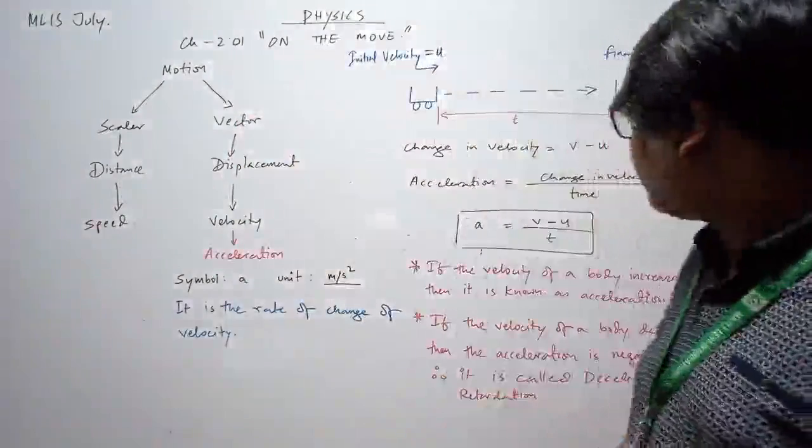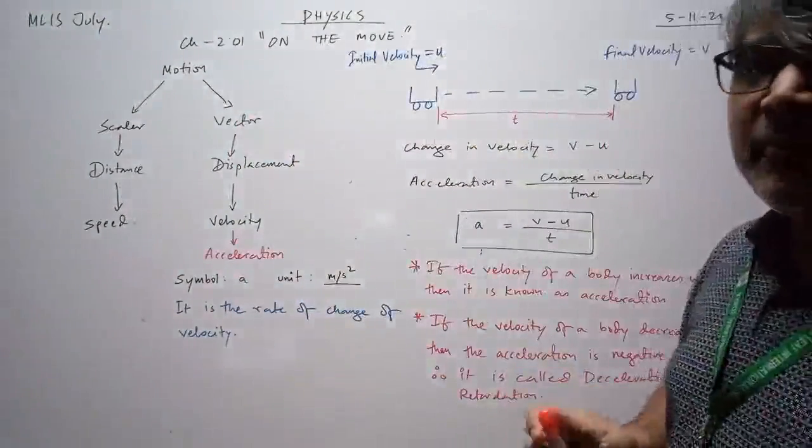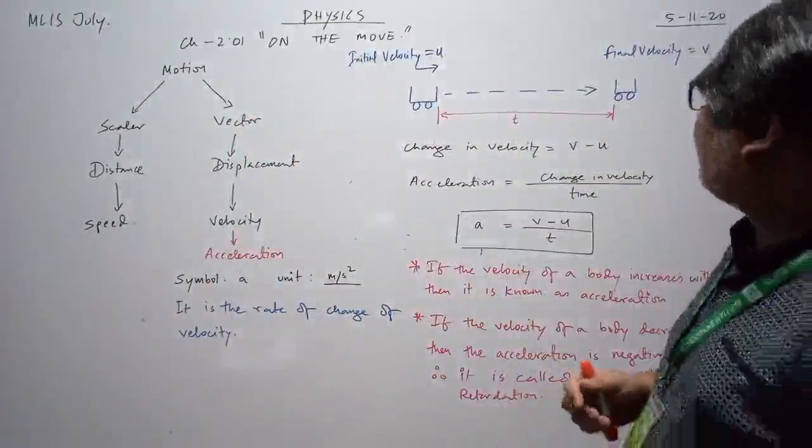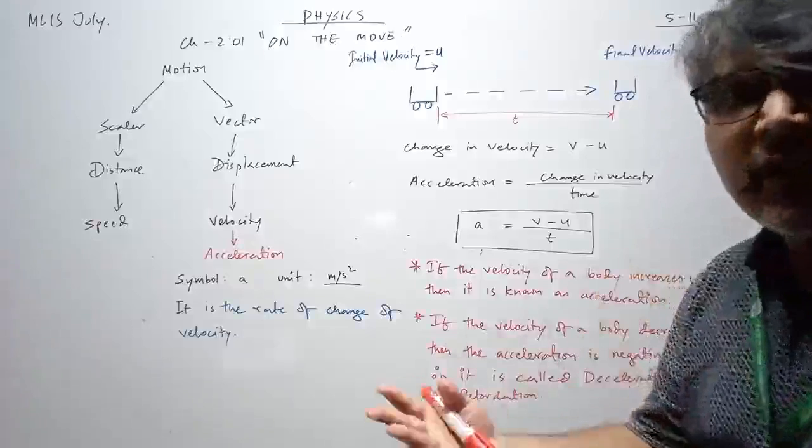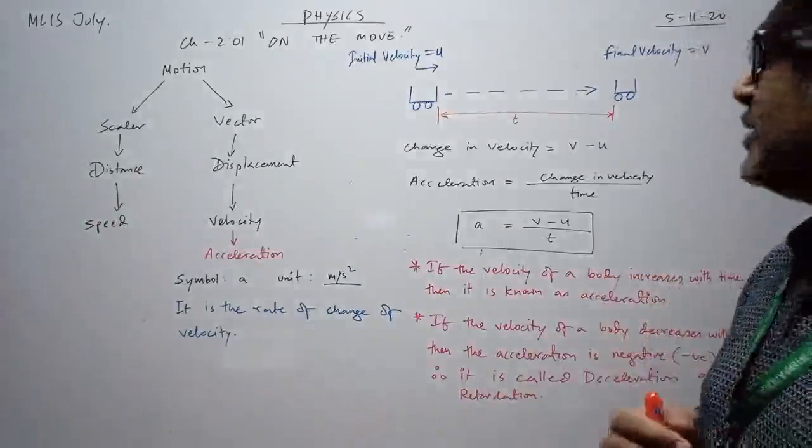If the body is traveling at a constant speed, then we say it's traveling at a uniform velocity, and it does not have any acceleration.